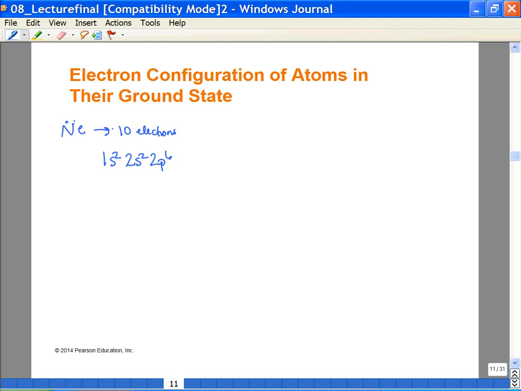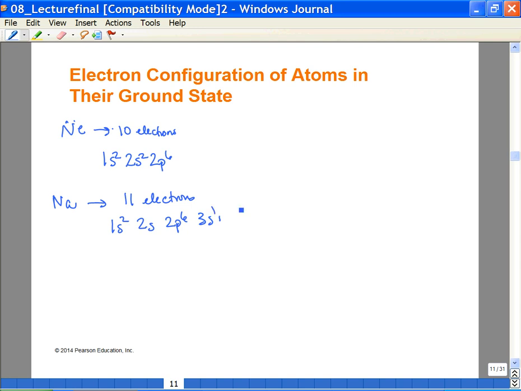So let's look at sodium, right? Sodium has 11 electrons. Generally what we would do is write the 1s2, 2s2, 2p6, 3s1.